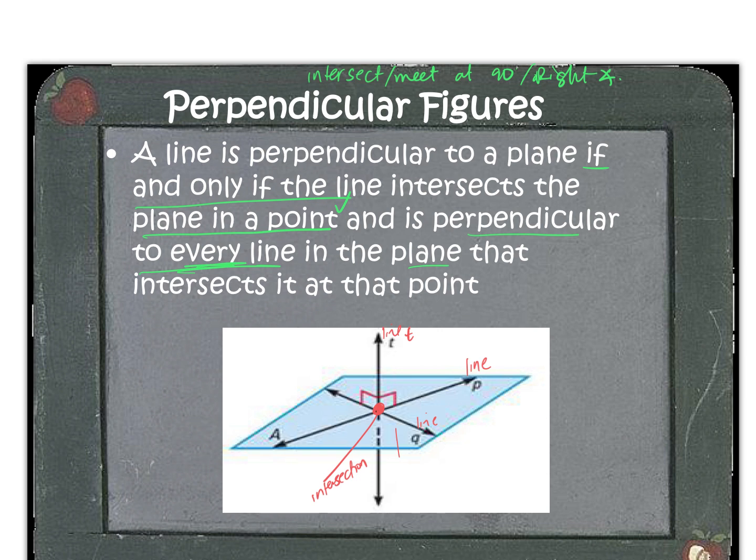Notice that this is telling me it's perpendicular to line Q. And this one here tells me it's perpendicular to line P. So it meets the criteria for being perpendicular to the plane and the lines in it.